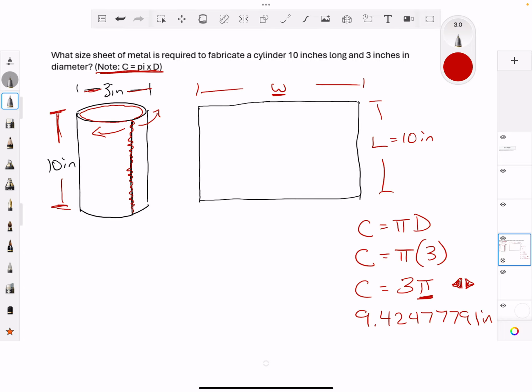The answer choices don't show a decimal; they show fractions, the fractions I would see on a ruler. So I need to get rid of this and change it into a ruler fraction. There's a process to do that.